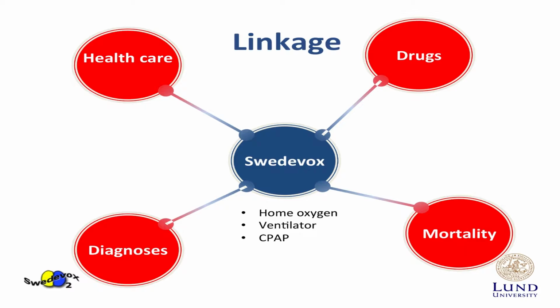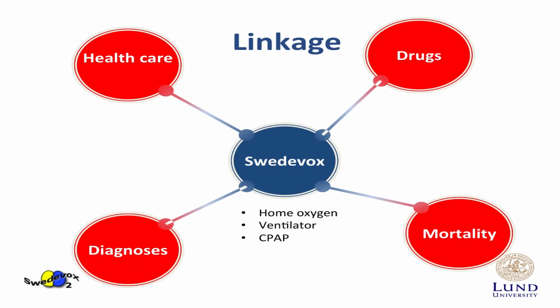Procedure codes, all outpatient and inpatient surgery, nationwide. And then drugs, that's outpatient prescriptions only, so nothing given in hospital. But it's everything in nursing homes, because those medications actually need to be prescribed by the doctor in Sweden, so they are included.